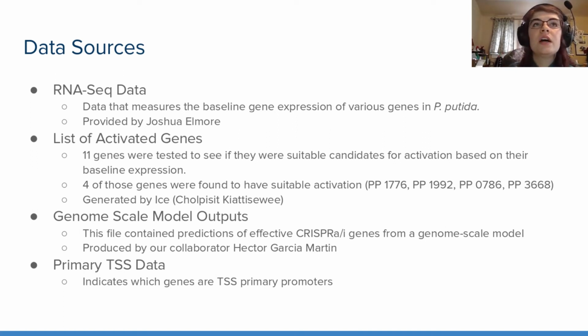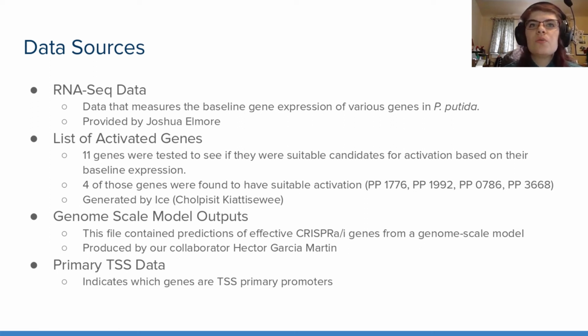And so for this project, we had various data sources that we were using. We had this RNA Seq data, which we used as a stand-in to measure the baseline gene expression of various genes in P. putida. We also had a list of activated genes. I'll talk a bit more about these two data files in more detail in the following slides. But we also had genome scale model outputs.